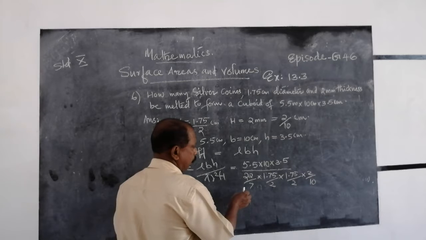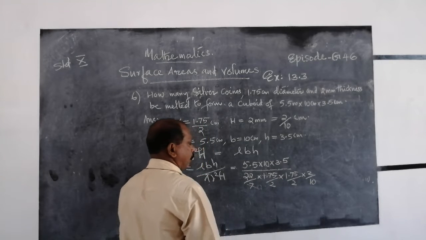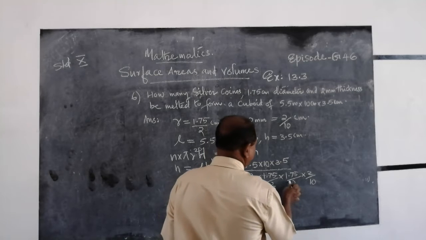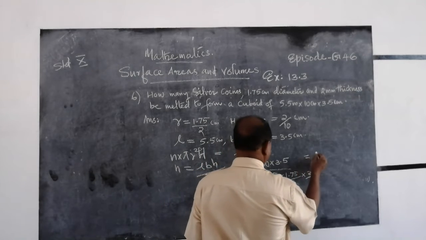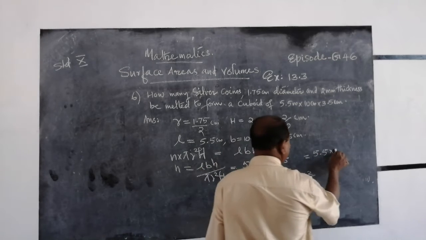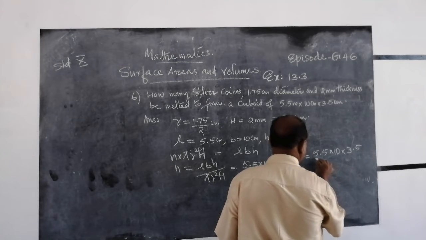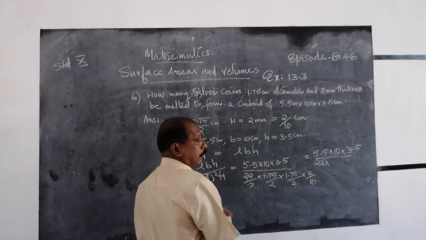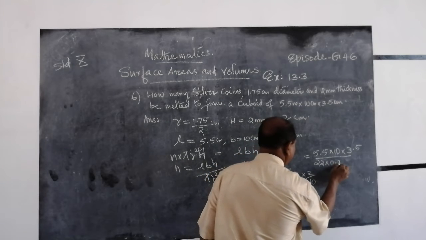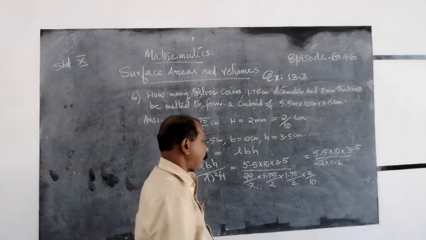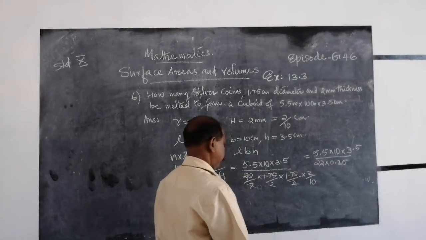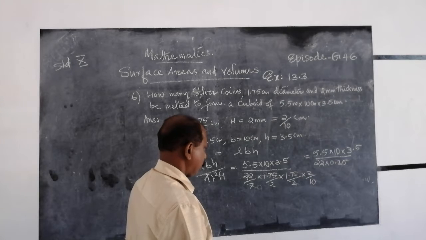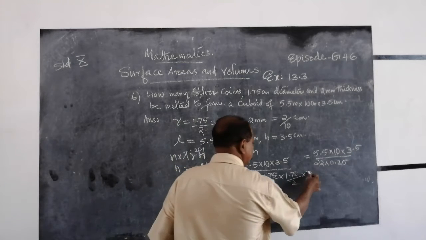Then 7 and 1.75 cancel. We get the formula: 22, and that is equal to 5.5 into 10 into 3.5 divided by 22 into 1.75 by 7. That is 0.2. These two cancel.